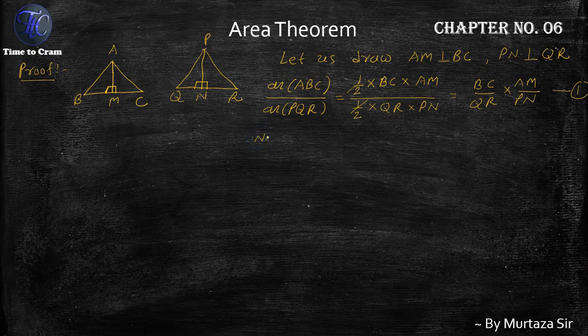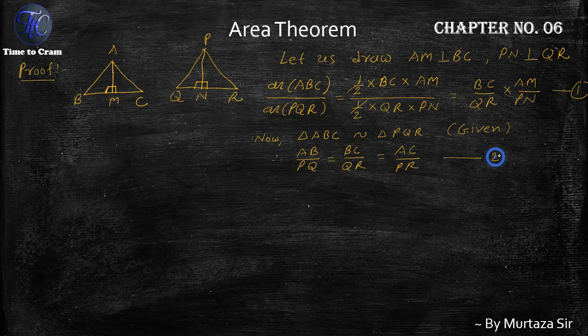Triangle ABC is similar to triangle PQR, it is given. So using it we can make the corresponding ratios: AB upon PQ is equal to BC upon QR is equal to AC upon PR. This is result number 2.